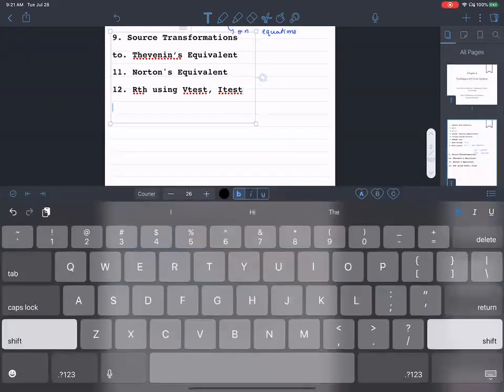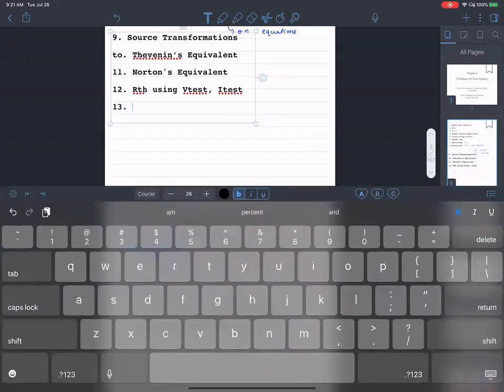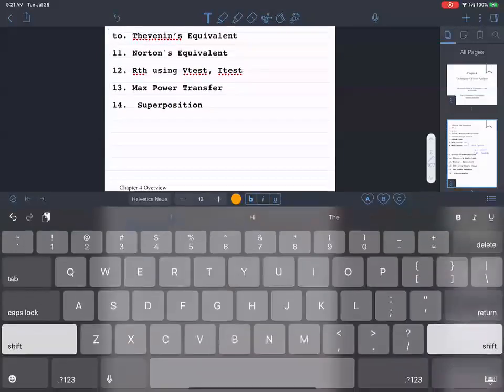Okay, 13. Maximum power transfer theorem. And of course, the superposition theorem. So these are the different techniques that we covered.